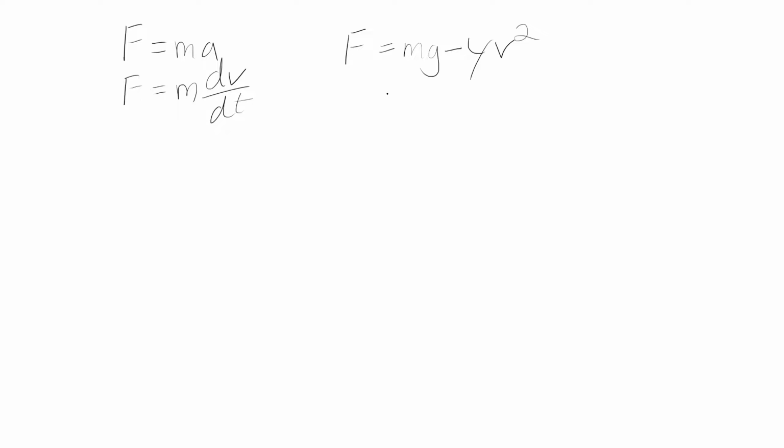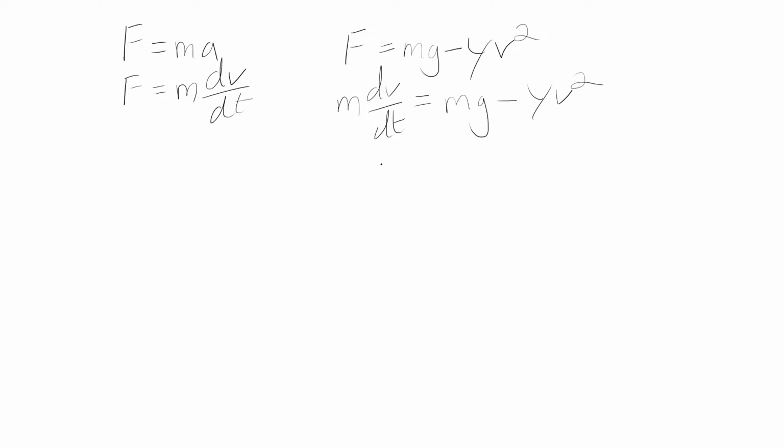And now we've got to dig into this. So let's set the left side equal to m dv over dt, and this is equal to mg minus the drag coefficient times velocity squared.